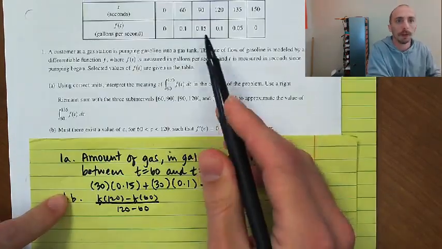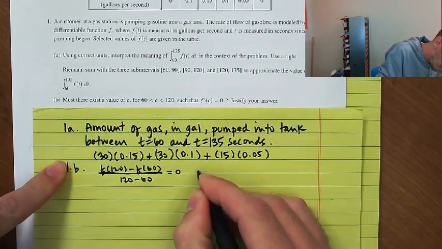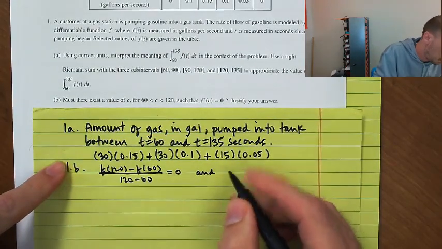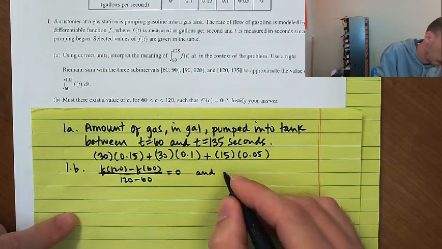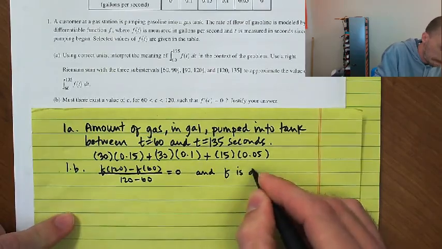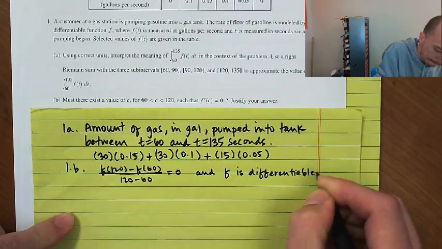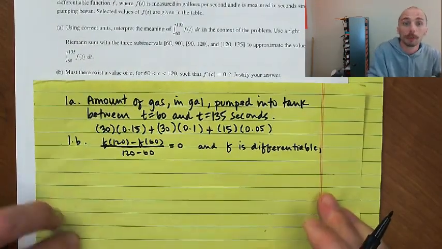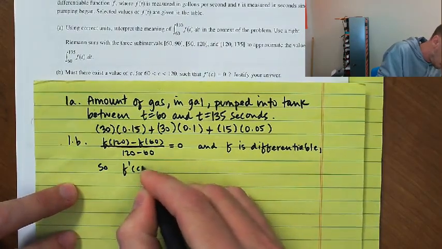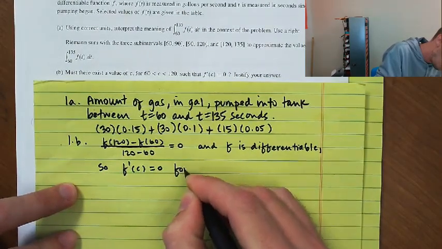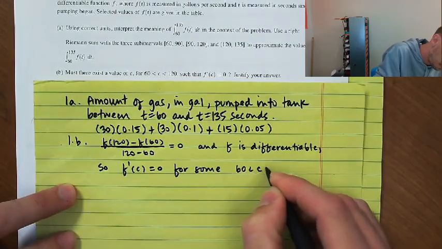Okay, we'll go back to the table, and it's 0.1 minus 0.1 in the numerator, so that's equal to 0. And f is differentiable. They said it in the statement of the question. So my conclusion is yes, there must be a point like that. So f prime of C equals 0 for some C between 60 and 120.